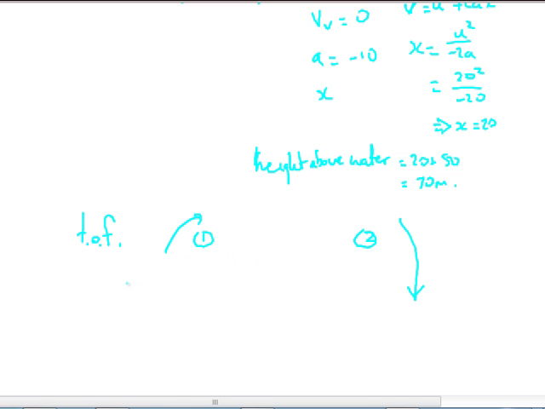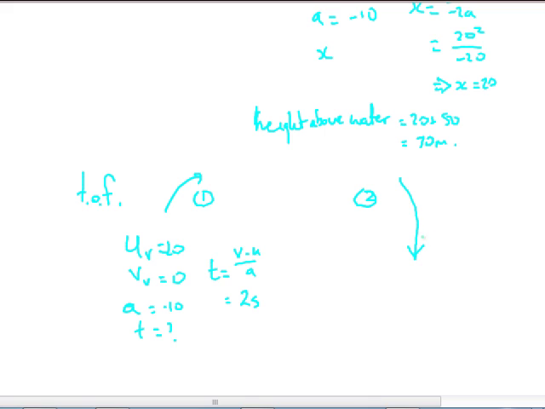So I would look at this as UV equal to 20, VV equal to 0, A is negative 10, T is not sure, so we're going to solve. T equals V minus U over A, which is 20 on 10. So that's going to be 2 seconds to the peak.